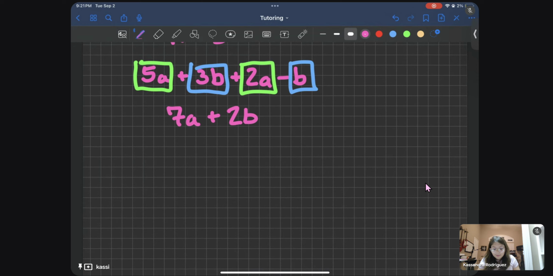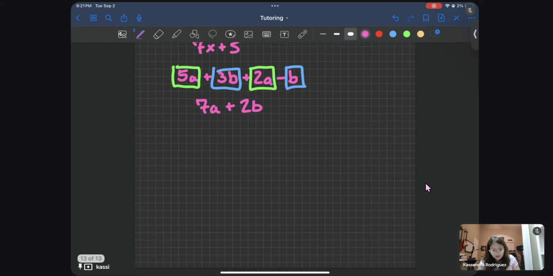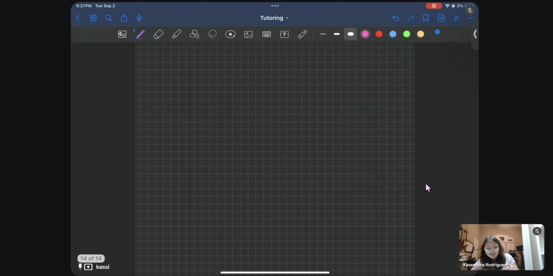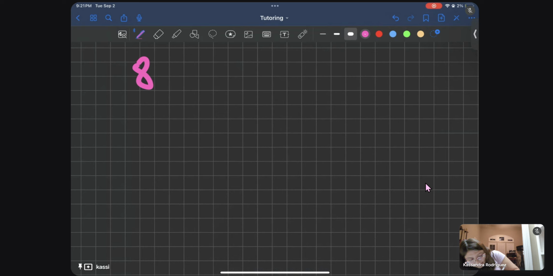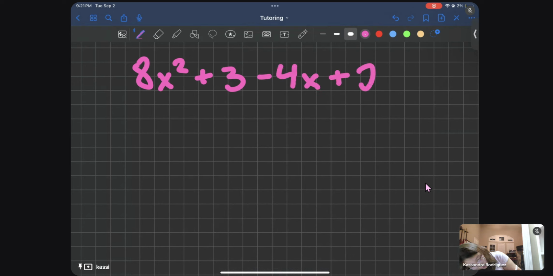So hopefully you're keeping up. I want to give you another one that might be a little bit harder. So let's see how you do with this, okay? 8x squared plus 3 minus 4x plus 2. Tell me how you would go about combining these terms.